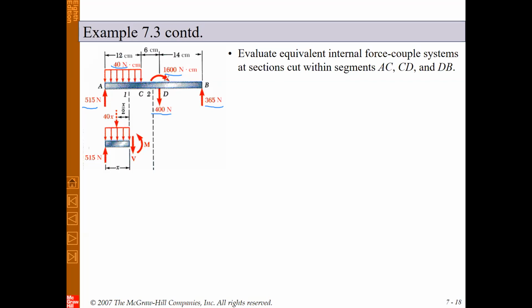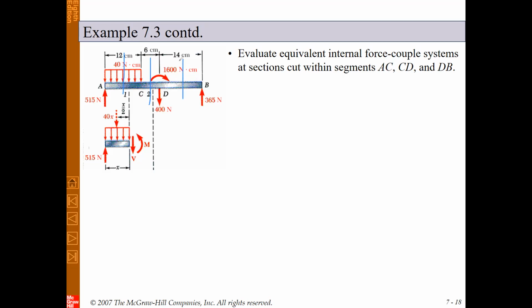We need 3 sections, and the first section is for X between A and C here. The second section is for the X between C and D in this area. And finally, the last section is for the X between D and B.